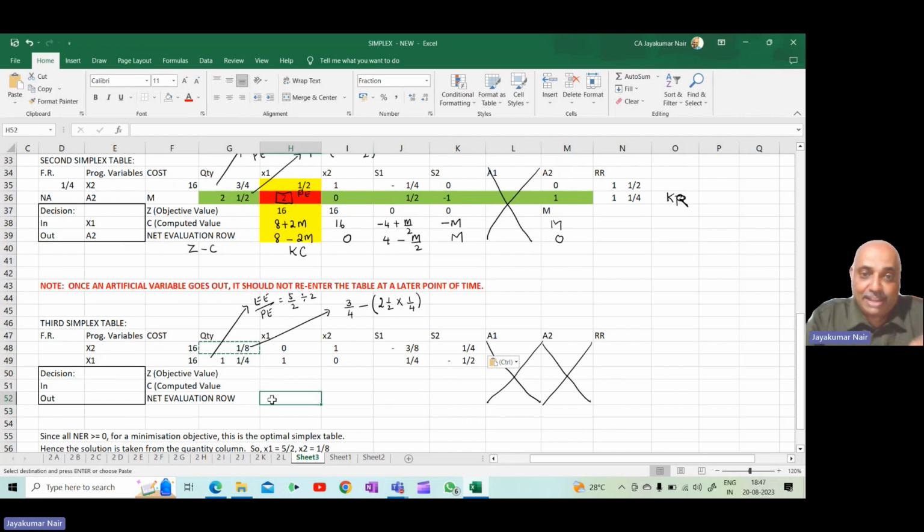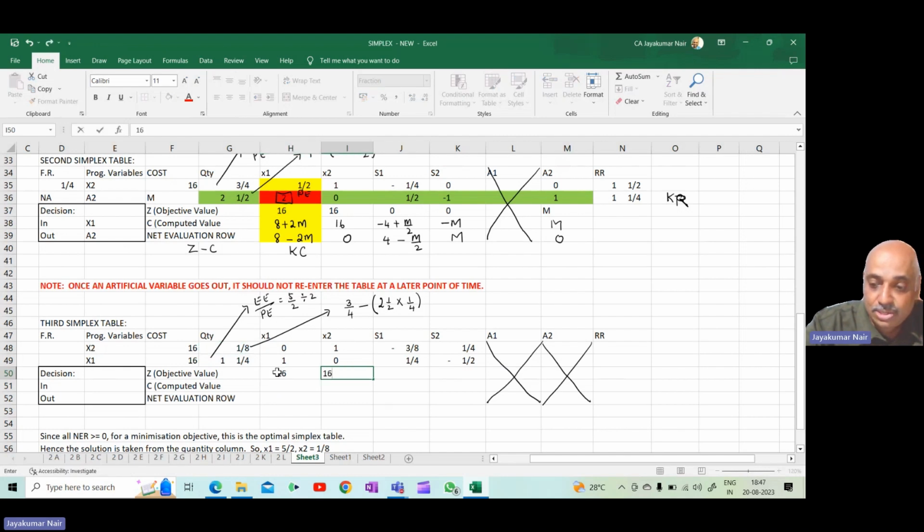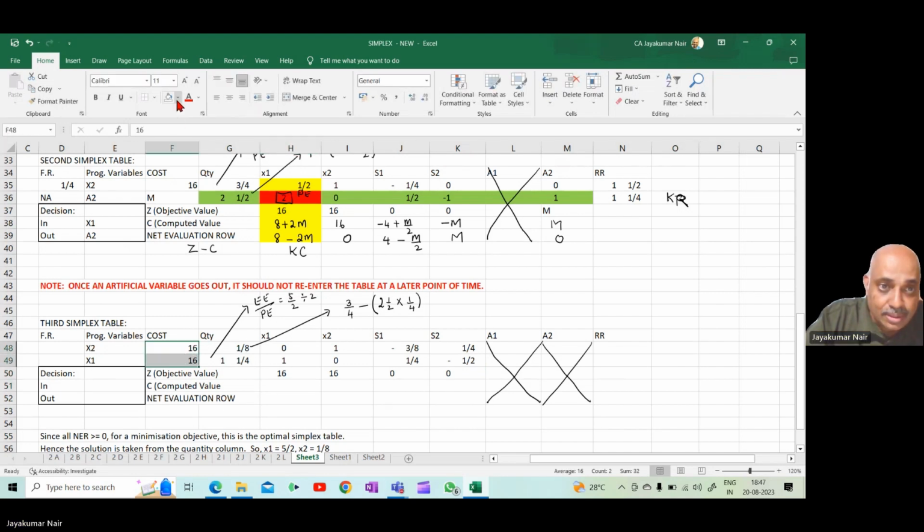Now, Z values, there is no change. It will be 16, 16, 0, and 0. For C, that is the computed value, how do I calculate it? It is the cost which you have here, and this should be multiplied with this.